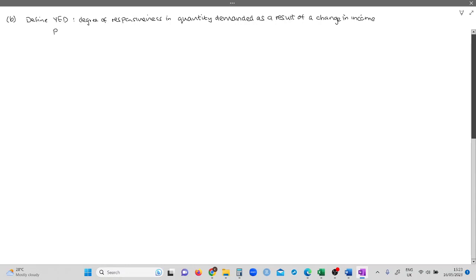Okay, now PED also. Here also the same, it measures the degree of responsiveness in quantity demanded as a result of a change in price. So here you have provided the definition for both the YED and the PED.